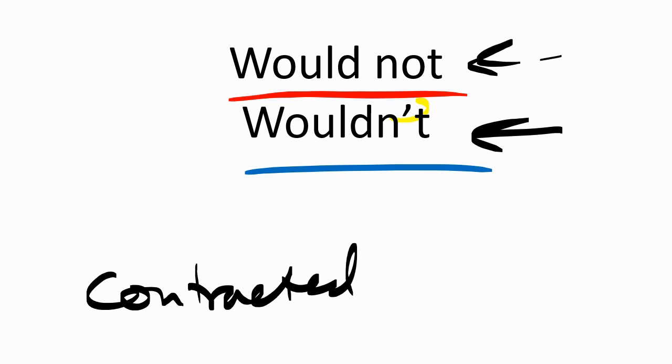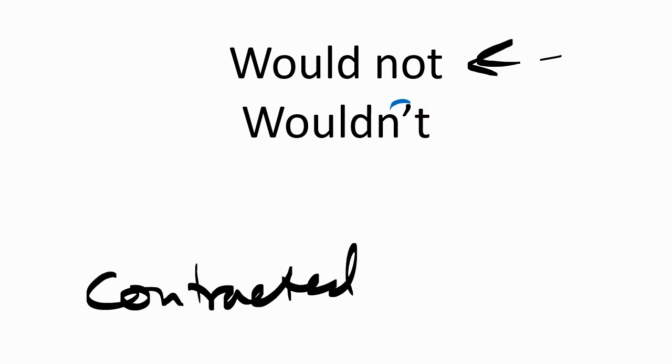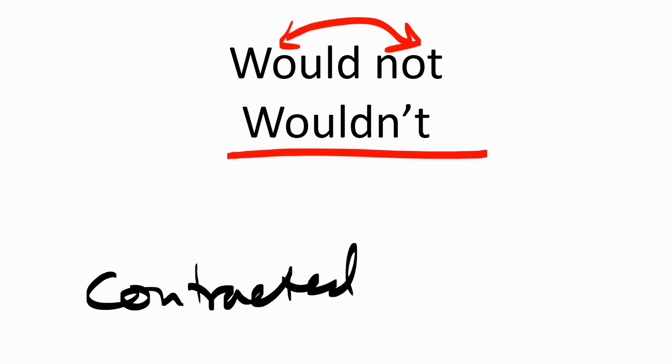And you can see that this apostrophe here, look at this apostrophe that I'm circling, has simply replaced this O there. And it's allowed us to join these two words together. So would not has actually joined together to become wouldn't. And you can actually see the N from the not is there it is, and the T from the not is there it is, but the O is gone.